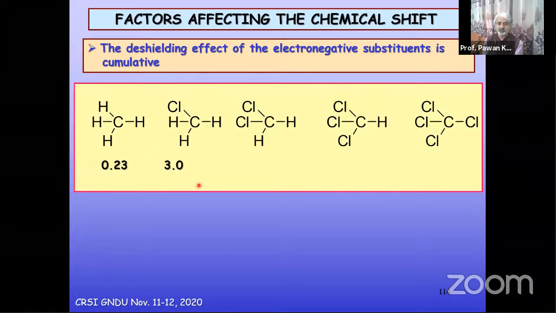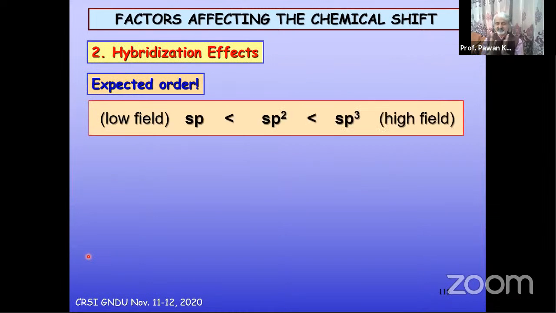So from 0.23 it comes to 3. When I replace one more hydrogen with chlorine, it jumps to 5.28. When I replace another hydrogen with chlorine, it jumps to 7.24. And when I replace another hydrogen with chlorine, it should be higher than 7.24, but unfortunately there is no hydrogen left. So CCl4 is NMR inactive because there is no hydrogen in it. So that is the one factor.